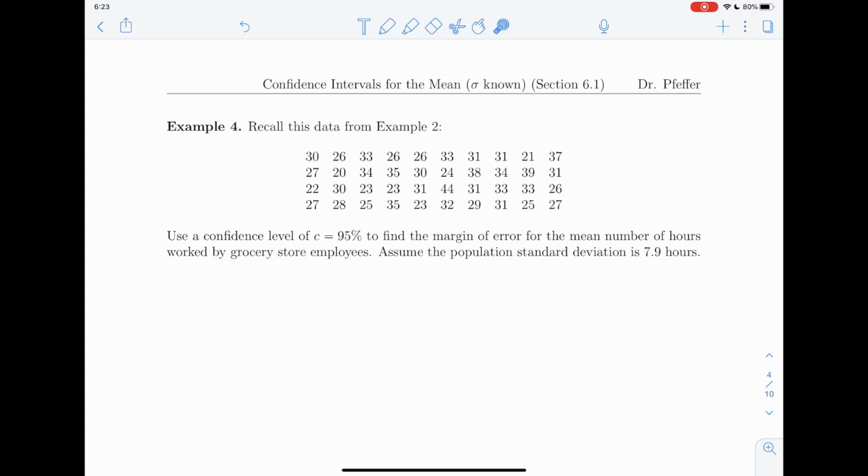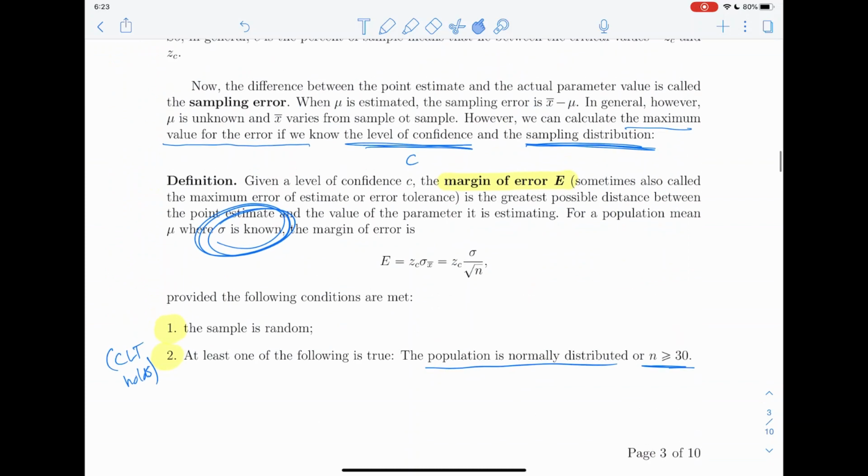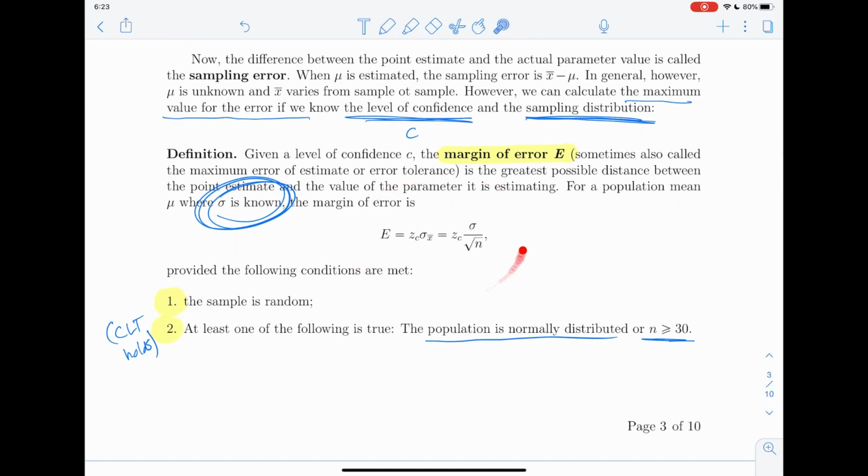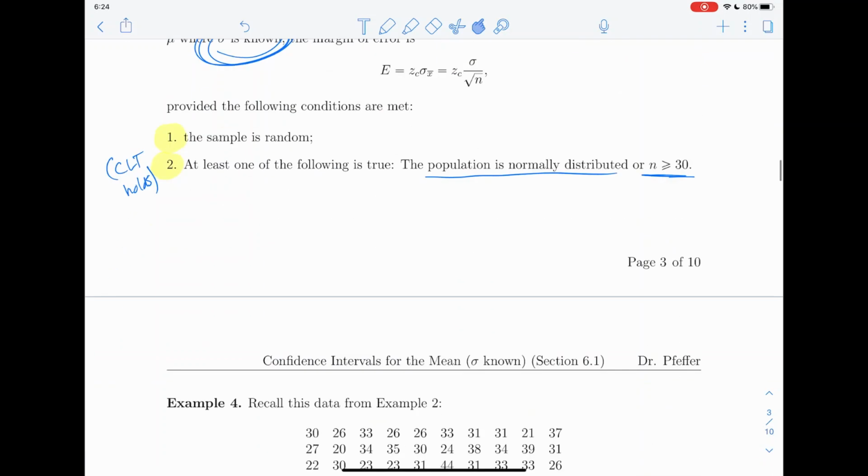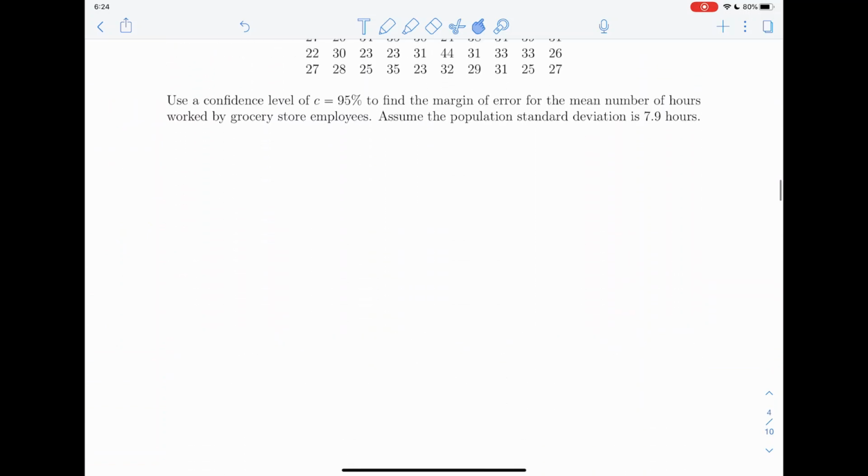So, in order to even begin, we want to verify for ourselves and for the reader that this notion of margin of error is valid. What that means is we have to check that these two conditions are met, and you're going to have to do that almost every time.